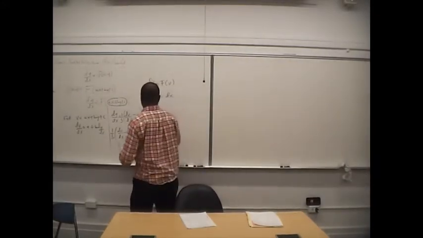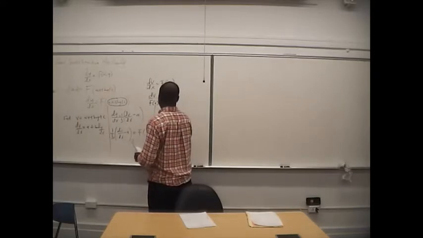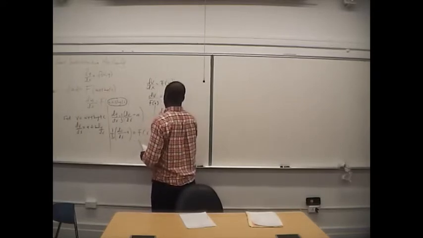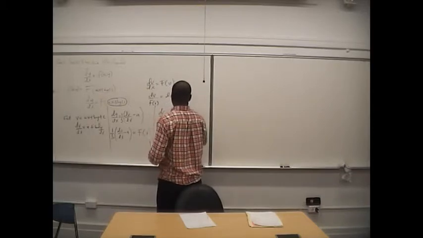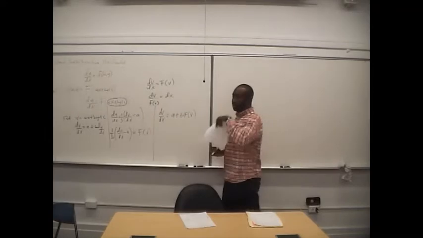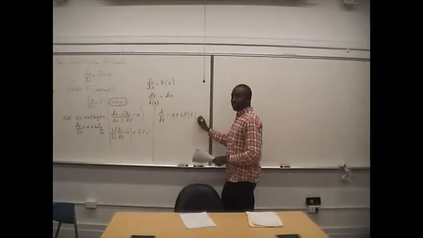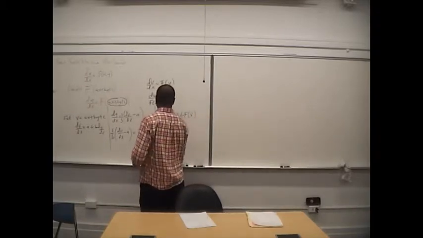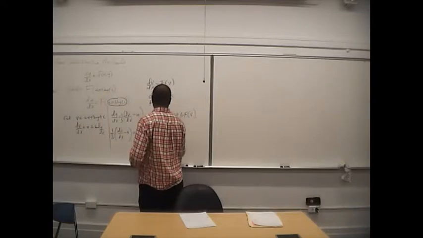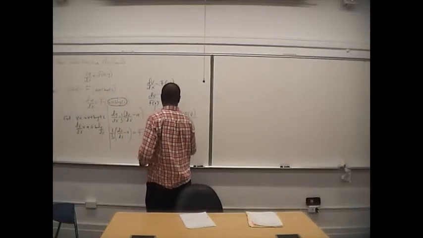And then finally, if I want to isolate dv/dx on that side, I just solve for dv/dx. So my dv/dx is going to be a plus b f of v. And so this is a function just of v. a is a constant. So if I separate variables, I have dv over a plus b f of v equals dx.